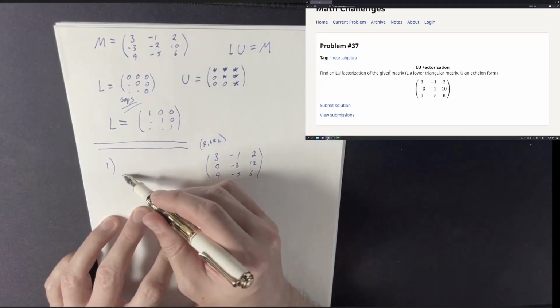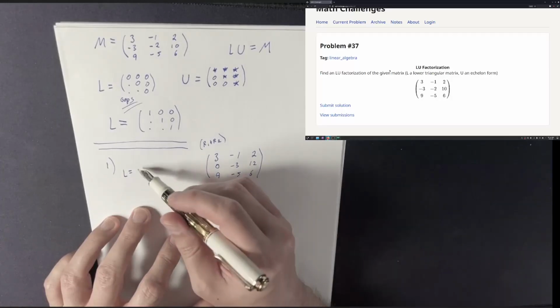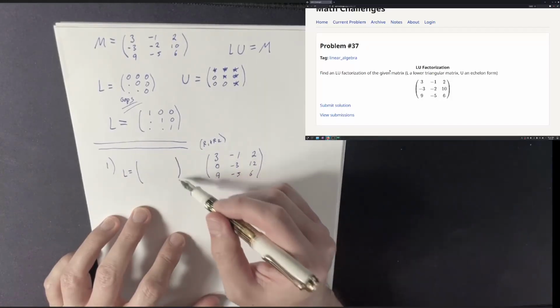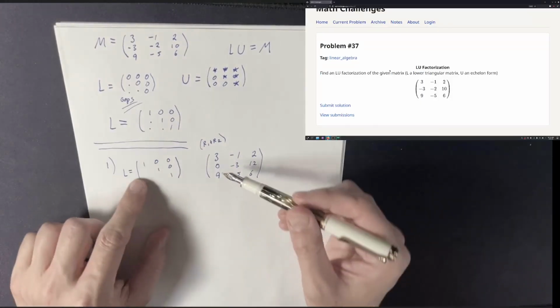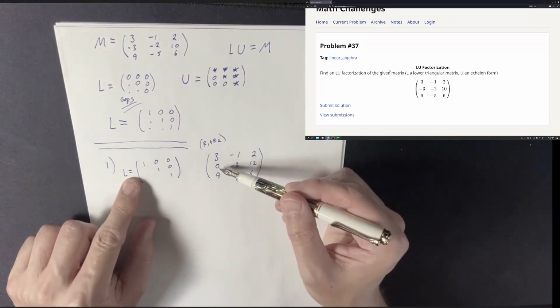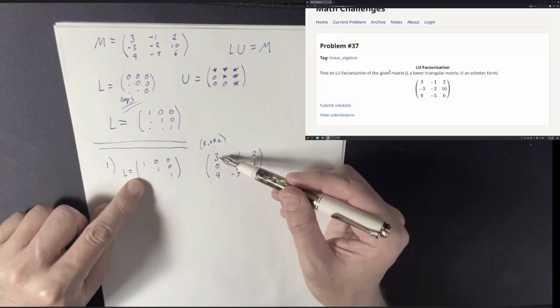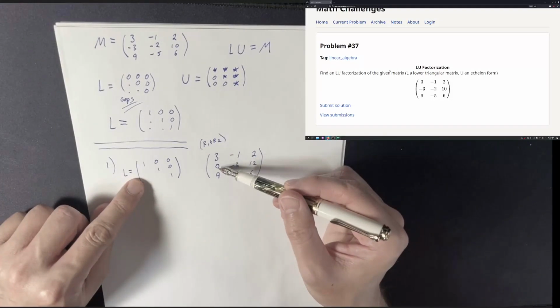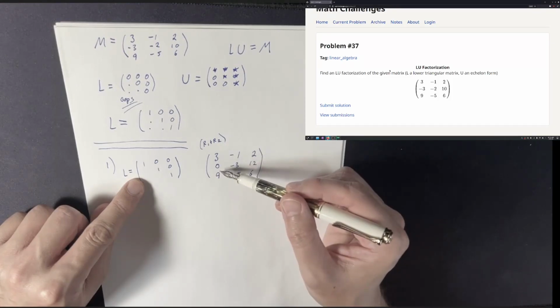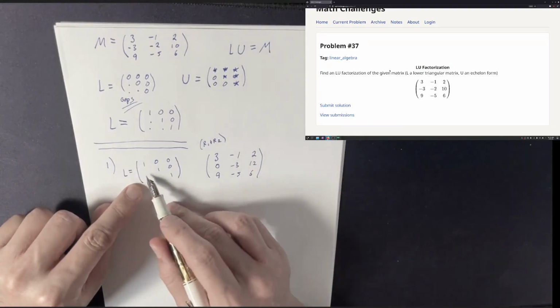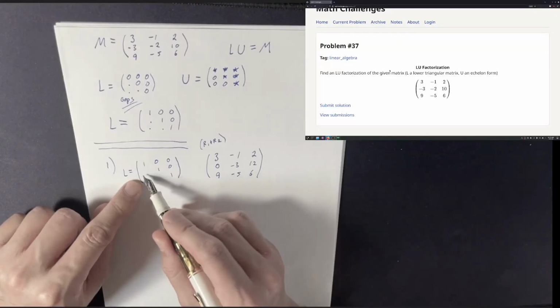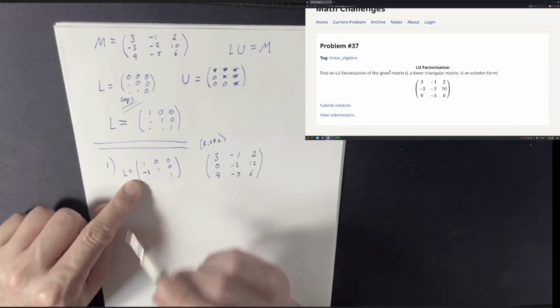Now what I'm going to do, my L has 1s along the diagonal, 0s up here, right? But anyway, we altered this second row. What we did was we added 1, right? So my instinct for some reason is to put -1 here. Yep, that's going to be correct.